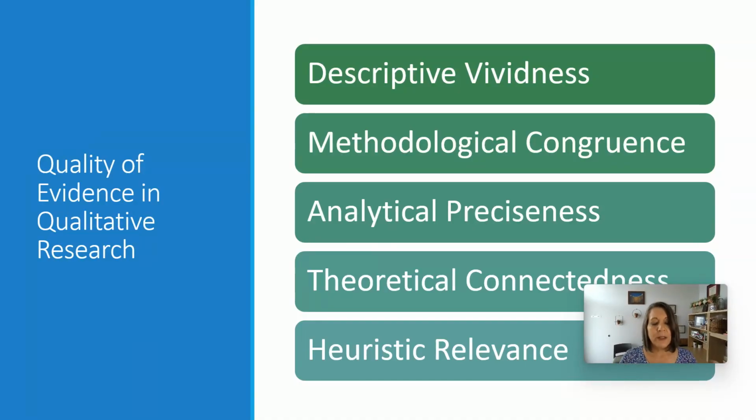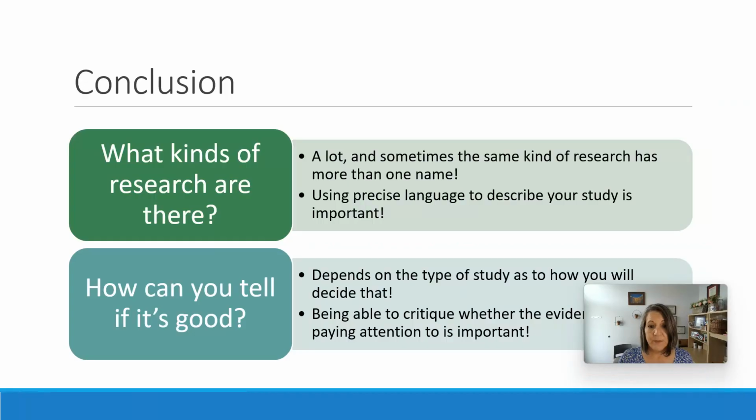Methodological congruence, analytical preciseness, and theoretical connectedness. Were we precise in our methodology for analyzing the data that we collected, all those words that we collected with our qualitative study? Did we connect it back to the theories that we were using to guide our study? And then heuristic relevance just means, does it relate to real life? Is it helpful in real life?